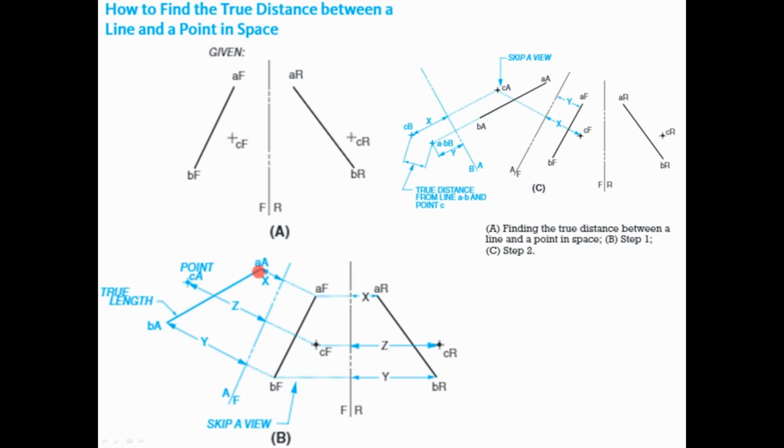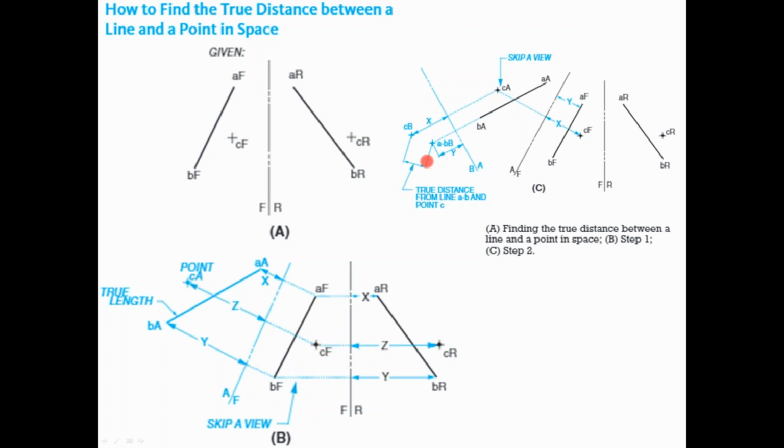Once you have that, you connect the dots, and once you connect the dots, you have a true length. And this point C, you call it C, the C point, but in the auxiliary view. So you have a C point here, C point there. All these points are related to each other, and that's how you establish that point.